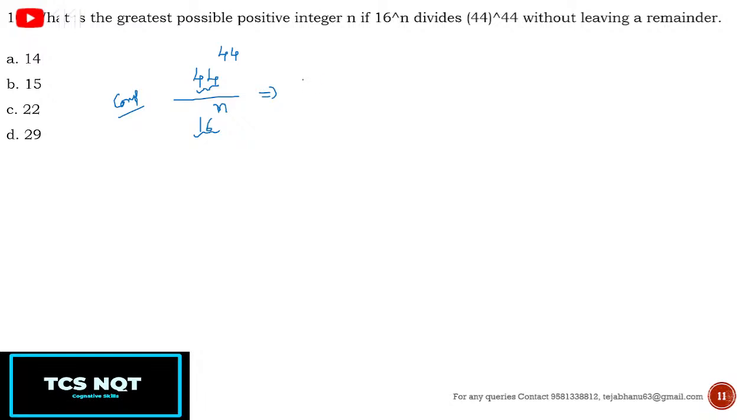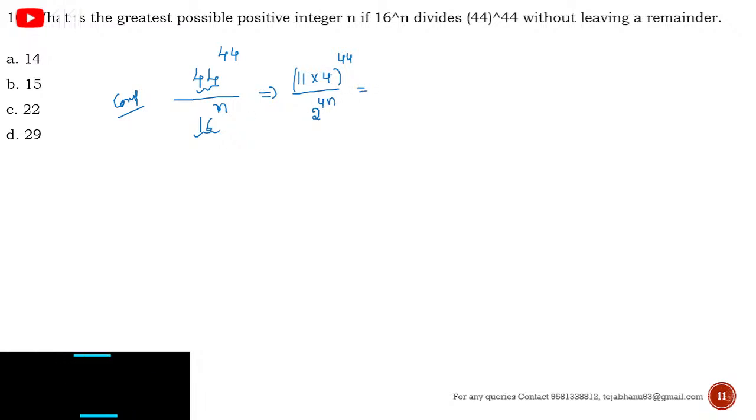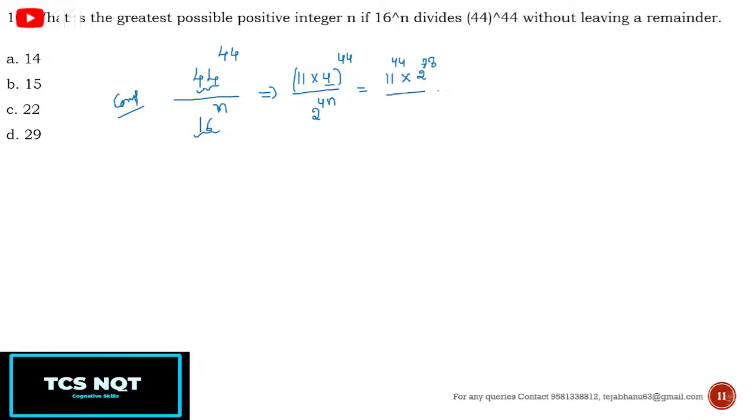This can be written as 11 power 44 into 4, and 44 power 44 by 16 can be written as 2 power 4n. 4 can be written as 2 square, right? So 2 into 44, it's 88, by 2 power 4n.